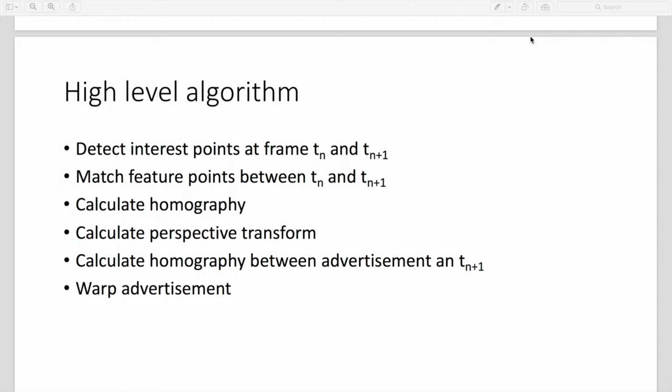Then we calculate the perspective transform, which will give us the points where the frame should be placed at time n+1. Then calculate the homography between the ad itself and the points at time n+1. And then we warp the ad into where it should be in time n+1.